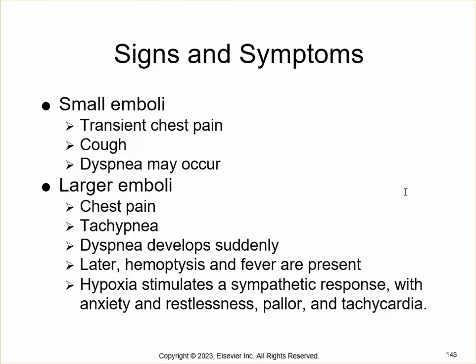Okay, so if the emboli is small, you have some chest pain, maybe transient. It's difficult to breathe. You get coughing. Larger emboli cause big chest pain, rapid shallow breathing, difficult breathing, and you can start coughing up blood. And you get a sympathetic response, you get anxiety, restlessness, tachycardia, all of that goes with it because it's painful.